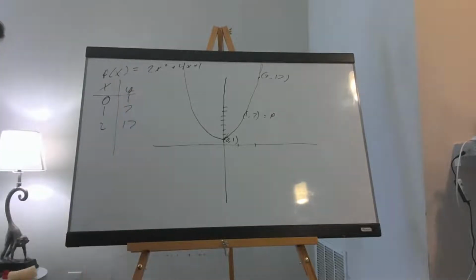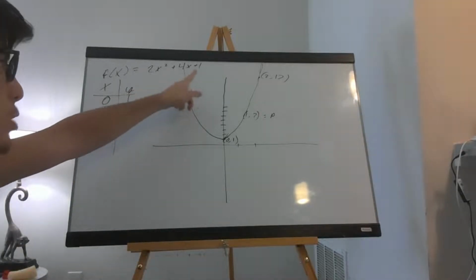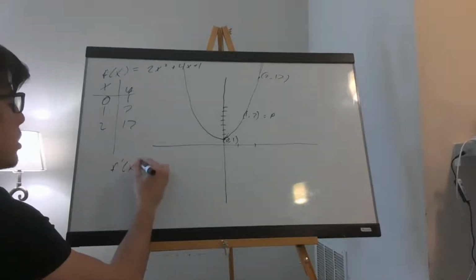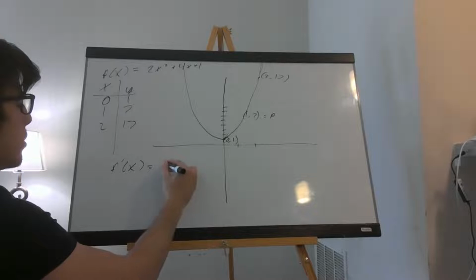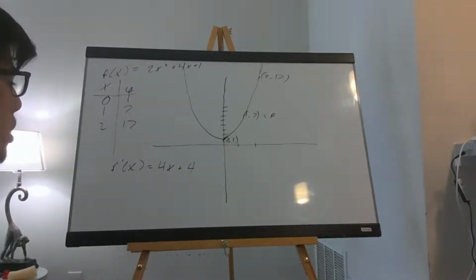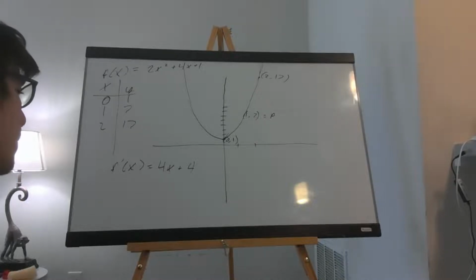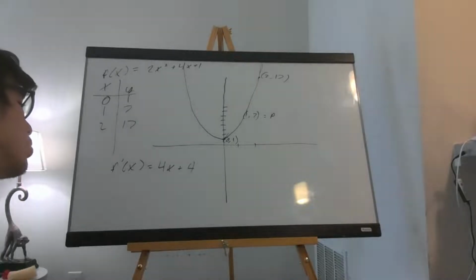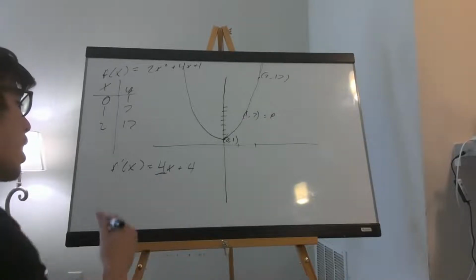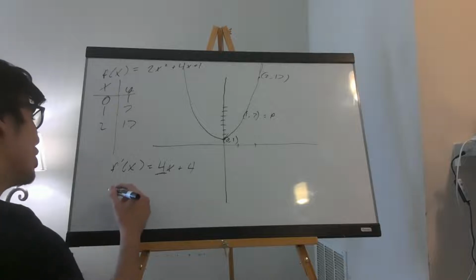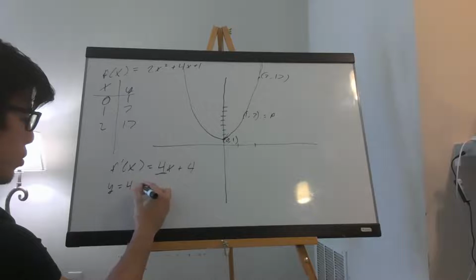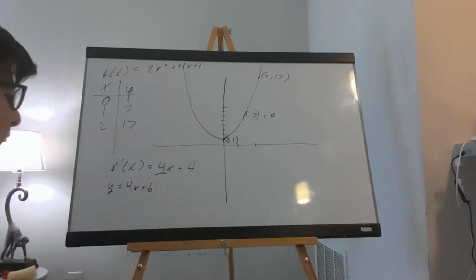So we know that if f(x) equals 2x squared plus 4x plus 1, then f'(x) is going to be equal to 4x plus 4. So we know that the slope of our derivative is going to be 4. Now let's put it into y = mx + b form. So y equals 4x plus b.